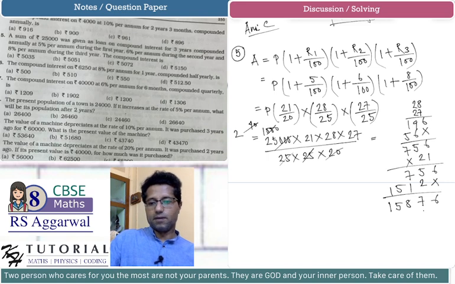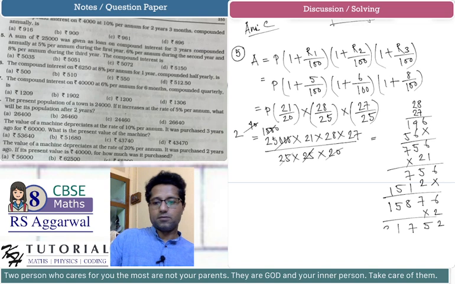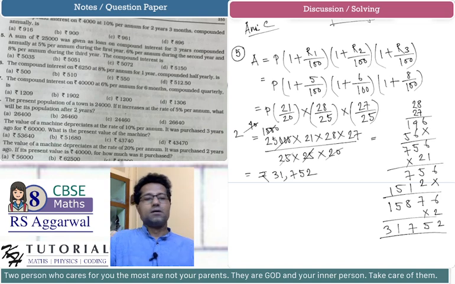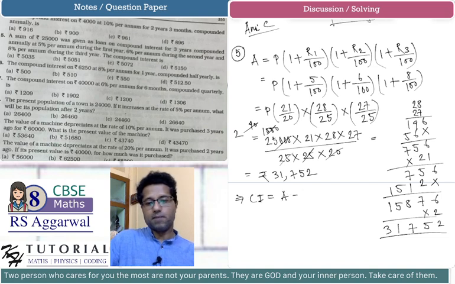Then again multiplied by 2, this is rupees 31,752 is the amount after 3 years. This implies it has asked the compound interest. So compound interest is equal to amount minus principal.